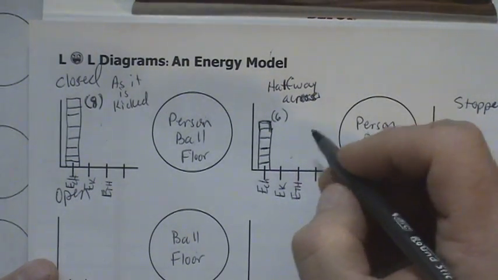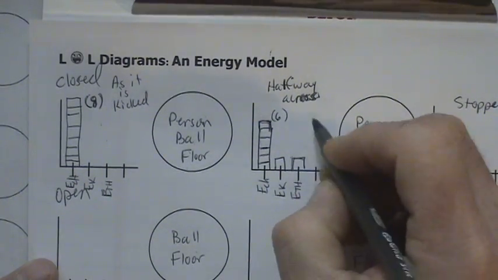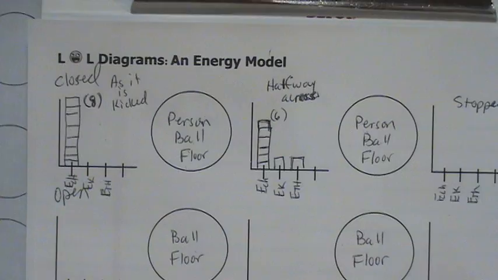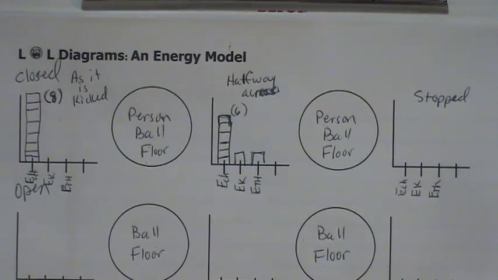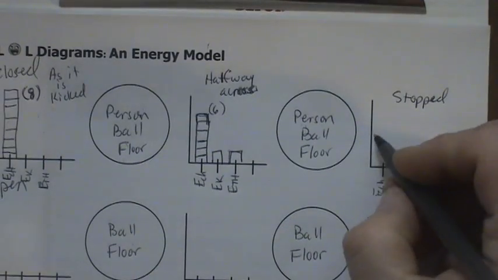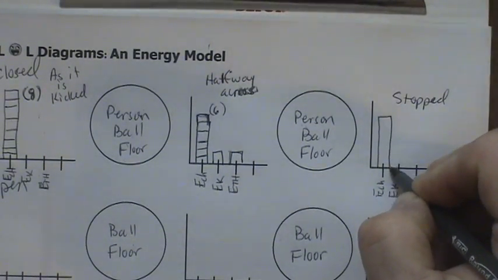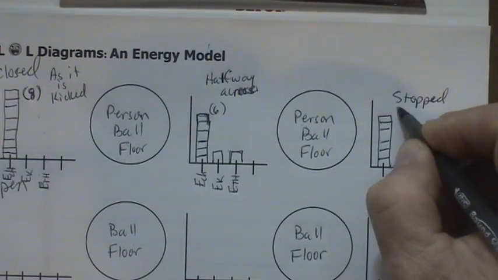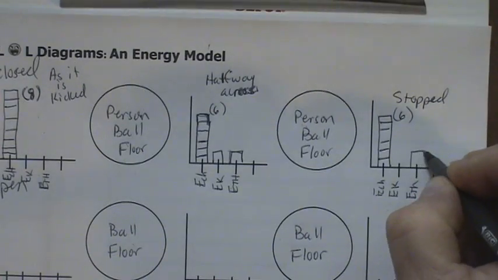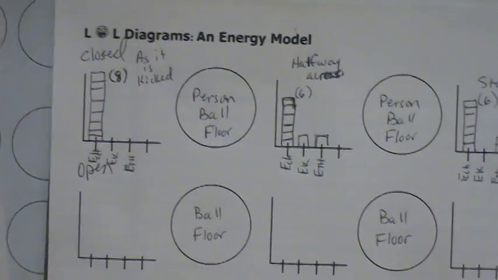And then we had some kinetically stored energy and we had some thermal energy. So 6, 1, and 1, that is still 8. All right, once the ball is stopped, we still have the chemical energy in the person, which is still 6. But now the rest of the energy is thermally stored. So it might look something like that.